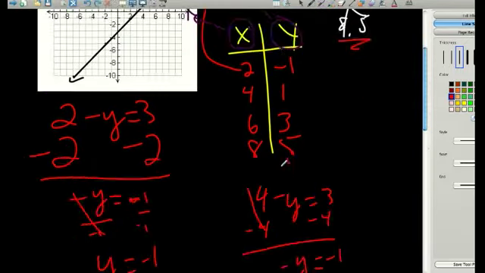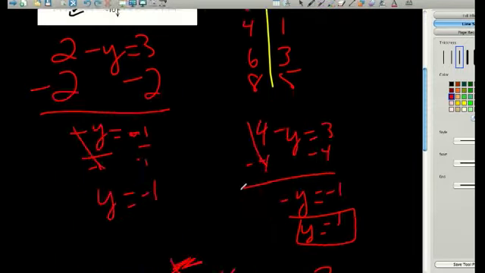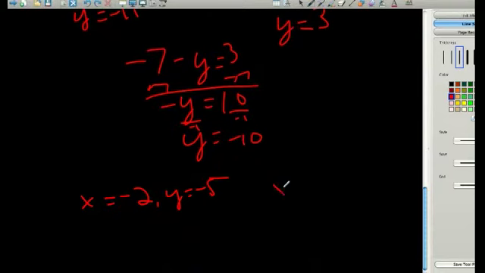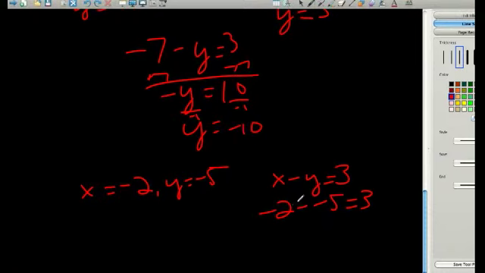These two values should satisfy the condition x minus y equals 3. So -2 minus -5 should equal 3. Well, if we know anything about our negative units, we add these two, so it becomes -2 plus 5, which equals 3.